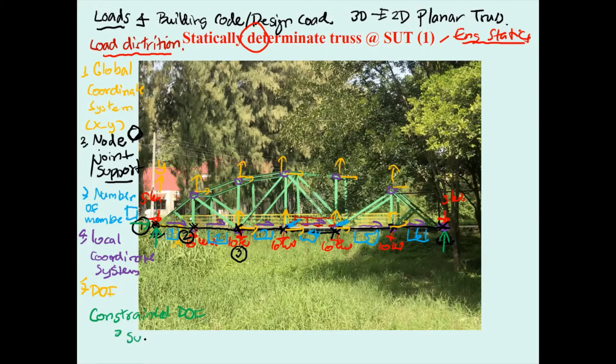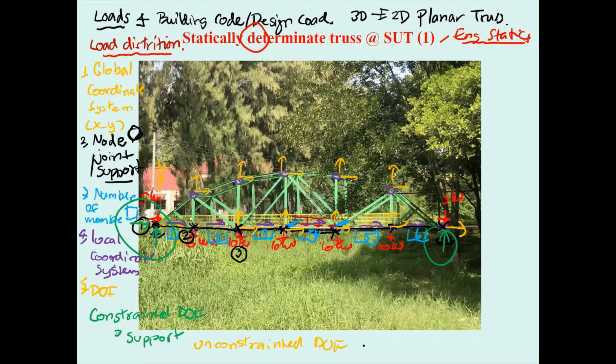Okay, it occurs at the support. For the pin, there are 2 of them. For the roller, there is only 1 constrained degree of freedom, and another one is going to be the unconstrained or free degree of freedom.